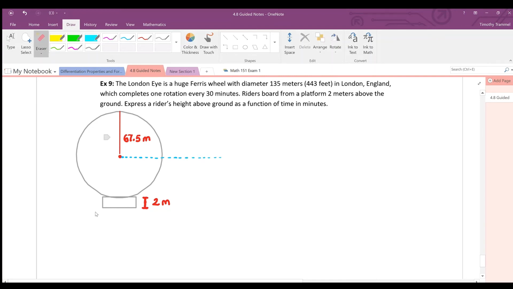And right, the x-axis is down here. Oop, that's not what I wanted to do. There it is. Okay. And the other thing is, if we're getting on a Ferris wheel, right, we're going to board it at the bottom.